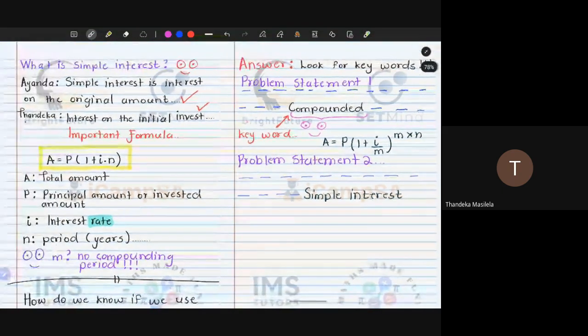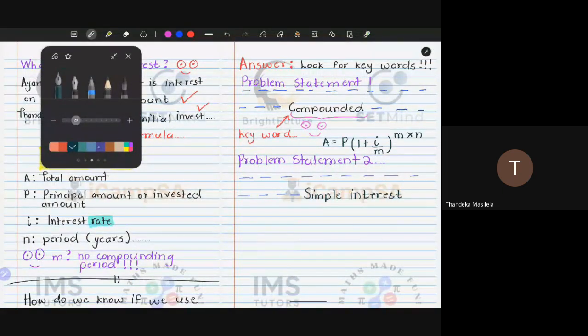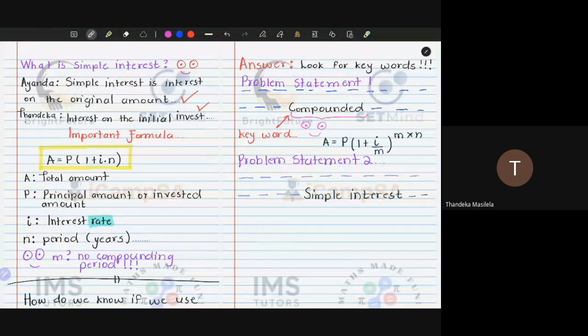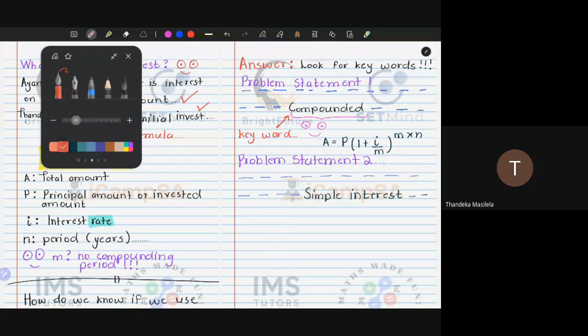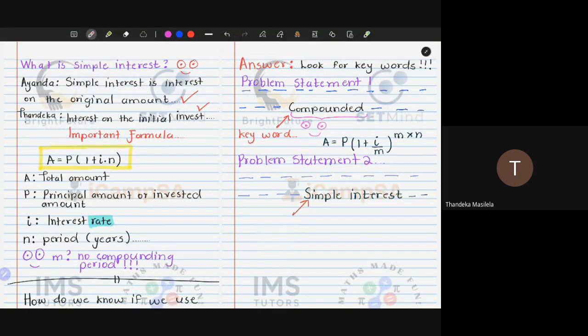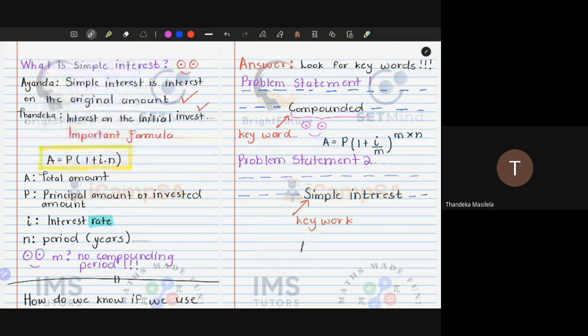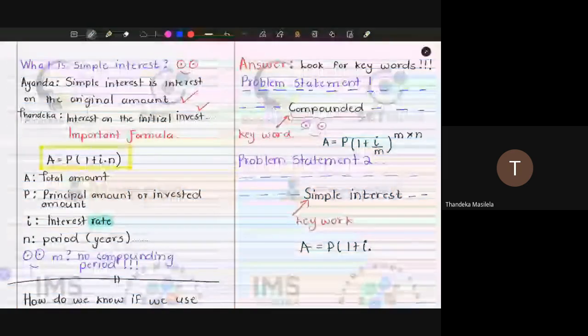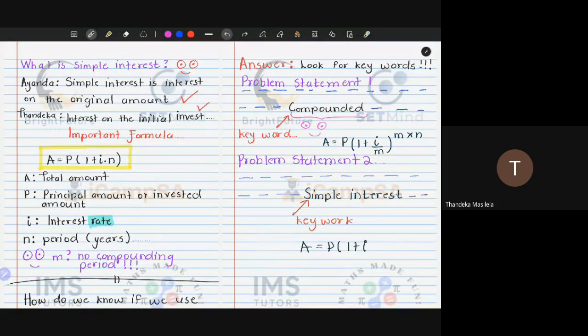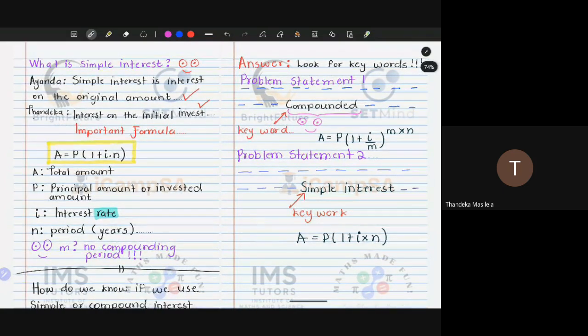Do you get the hang of it, guys? This is awesome. So once we see simple interest, this is the keyword. It tells us what we should use. Once we see simple interest, we know that, aha, the formula we use is A equals P into 1 plus I, which is the interest, multiplied by N. Do you guys understand?